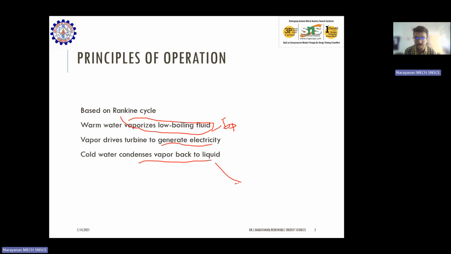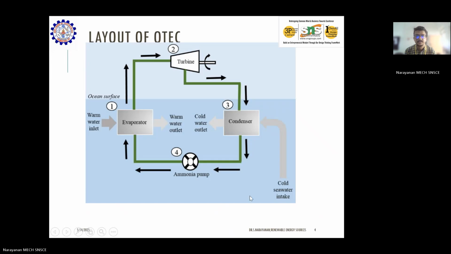For condensing, the cold water, the bottom surface water, which will be cooler, will be employed to convert the vapor back to liquid in the condenser. So this is a schematic diagram where hot water from the top ocean surface is used as a heat exchanger for the evaporator to evaporate the working fluid and produce steam.